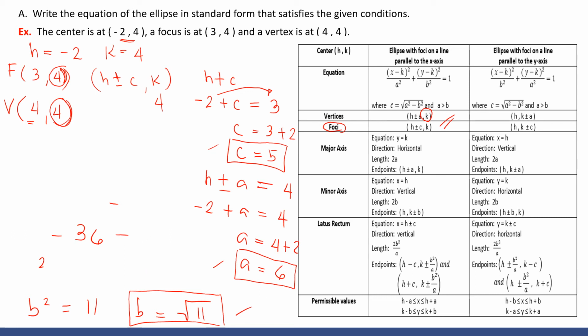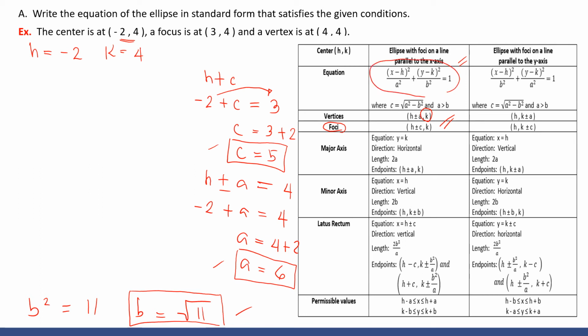Okay, importante lang ang ating iwan: meron na tayo nito, focus, and then HK. Dahil from the start, ang tinitingnan natin ay itong column na to, the ellipse with foci on a line parallel to the x-axis. Sundan lang natin itong equation na ito.